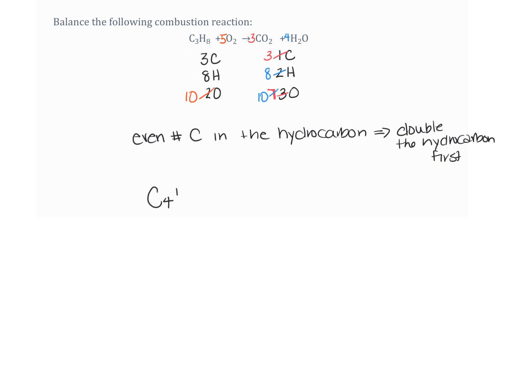If you have C4H10 plus O2 goes to CO2 and water, it will make it easier for you to balance if just out of the gate you put a 2 there. And then calculate it, but only do it if there's an even number of carbons. If there's an odd number of carbons, that's not helpful, right?